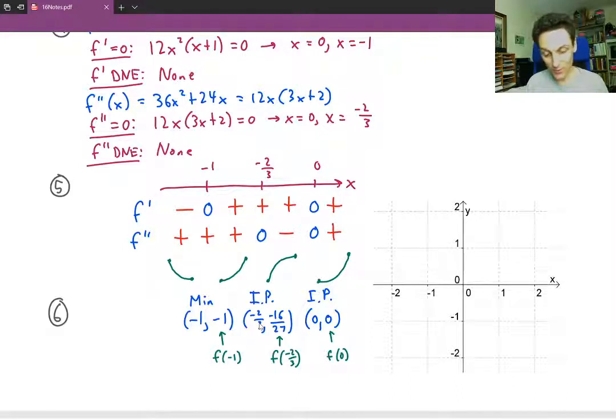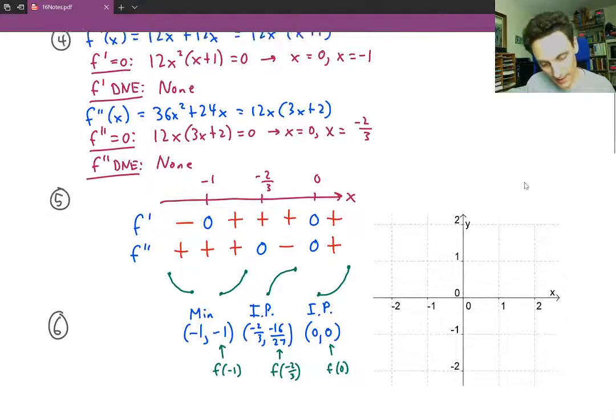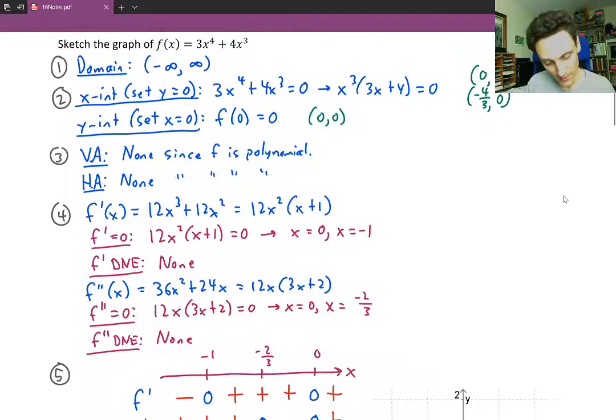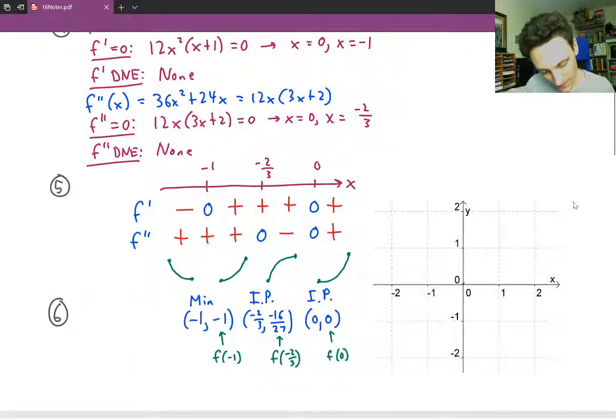Okay, so we're going to put all of the information that we collected together, throw it on the graph, and see what we've got. We found two x-intercepts, 0, 0, and negative 4/3, comma 0, and a y-intercept of 0, 0. So we'll put those in there. Here's 0, 0, and negative 4/3, comma 0 is about negative 1 and 1/3, comma 0.